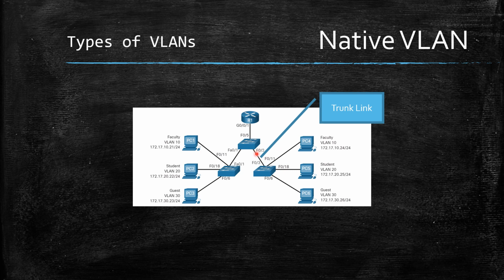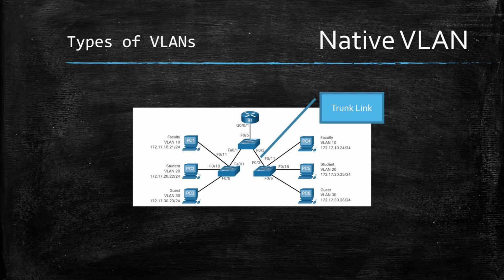So to configure a trunk link, we must have a native VLAN commonly existing between the two switches. That's called native VLAN. We'll discuss native VLAN and trunk links further in upcoming videos, but that's all for now.